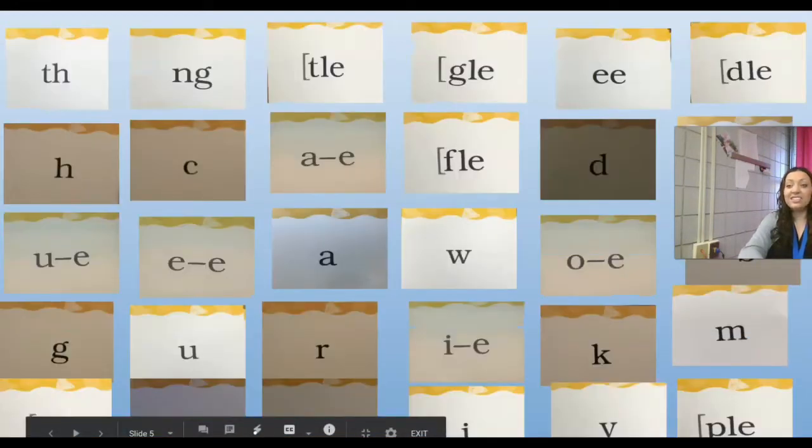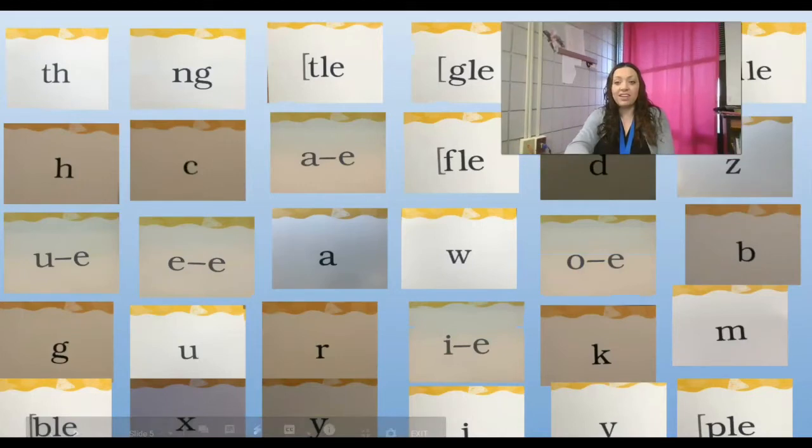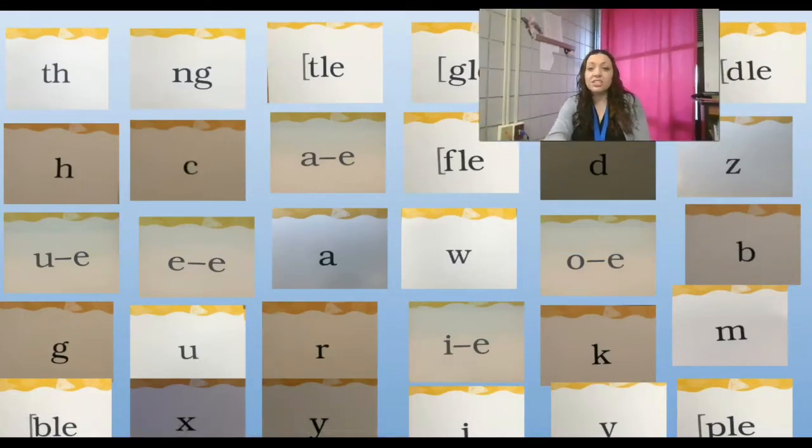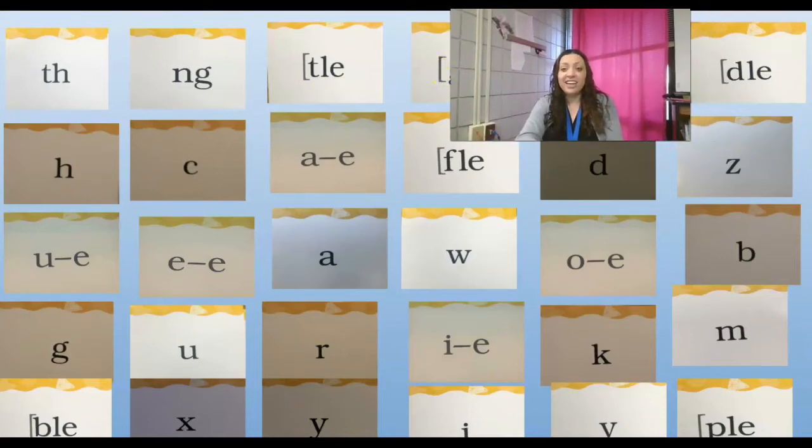All right, so these are all the letter cards we have now. We have so many of them. So let's go ahead and name them real quick, okay? So I've got digraph TH, digraph NG. What this bracket means, final syllable TLE, final syllable GLE. And then what do we have here? Digraph EE. Then we have final syllable DLE.